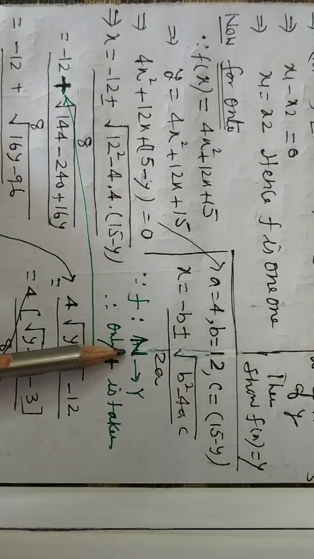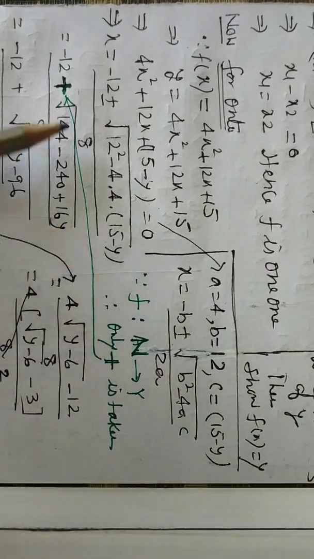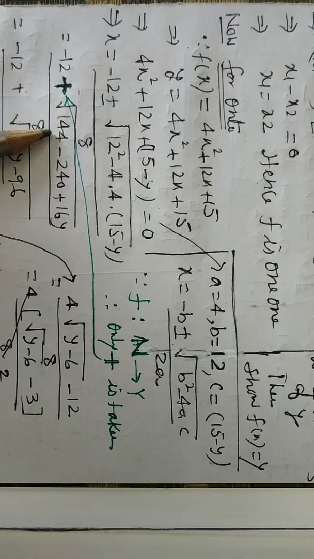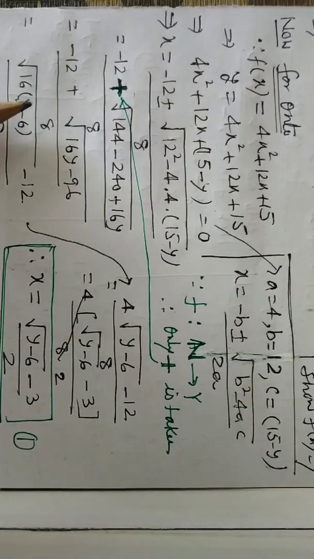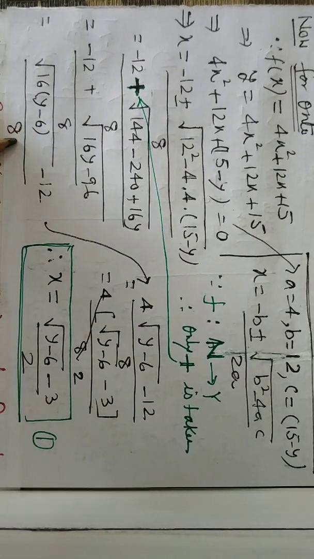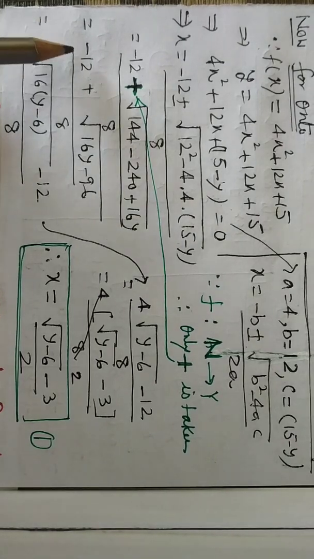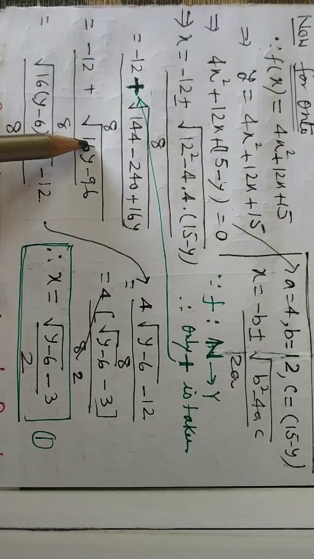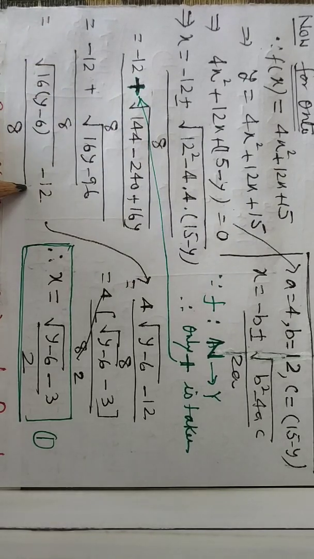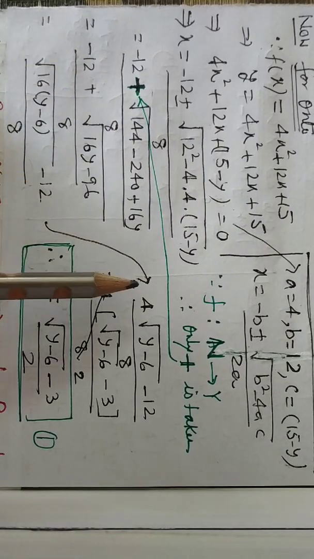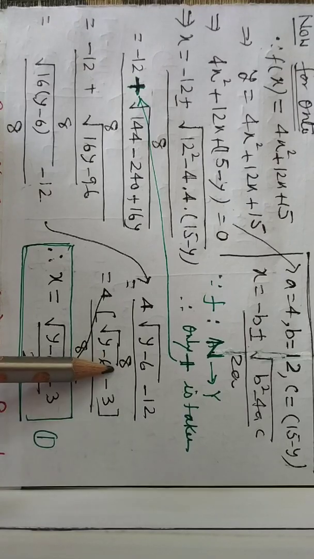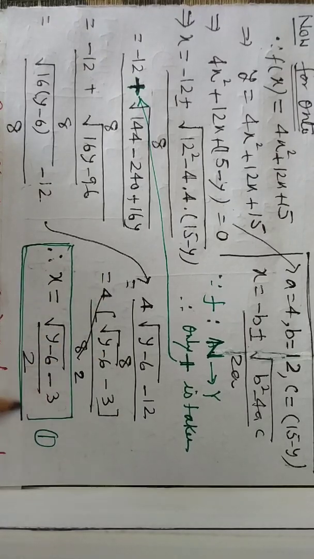Since natural number is given, we never take the negative value, only the positive value is taken. So this is 144 - 16y + 240... 16 common, √(y - 6) by 8, and this -12 from left went to right. First I have written this, then this by 8. Now on simplifying we get 4√(y - 6) by 8, 4 is cancelled, so this is x.